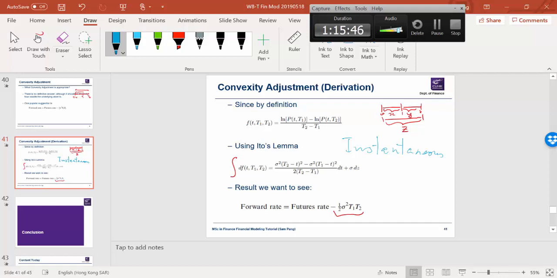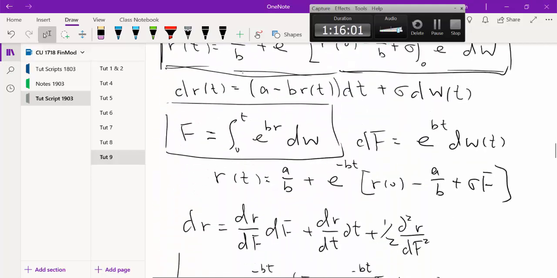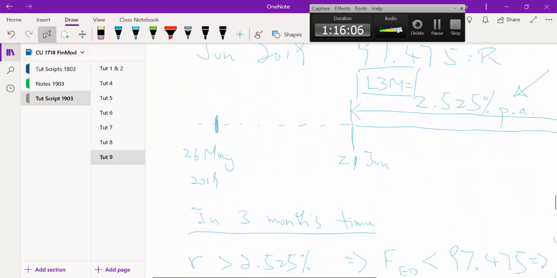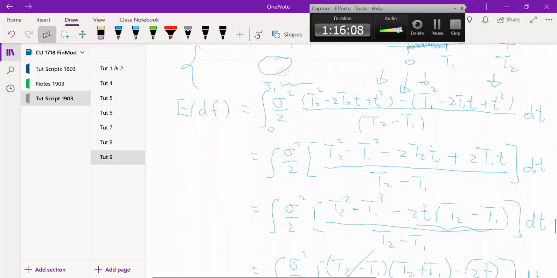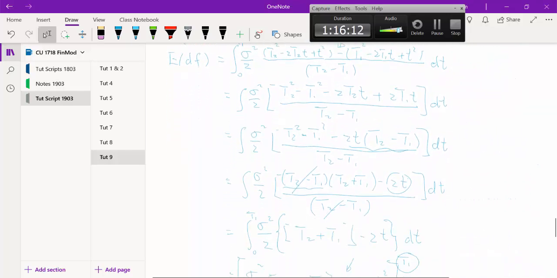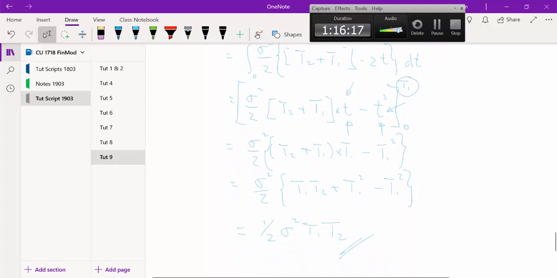So when you integrate that over time, you get a kind of average expectation. The result is actually this. And how do we get that? By doing what I just did down here. You take the stochastic process for the forward rate, and then you try to integrate that over time. I couldn't find that in a textbook, so I did this myself.